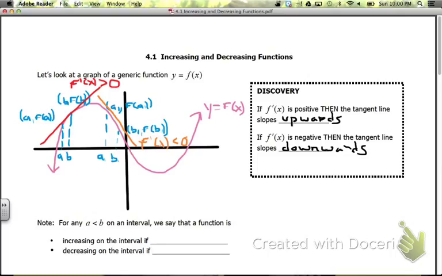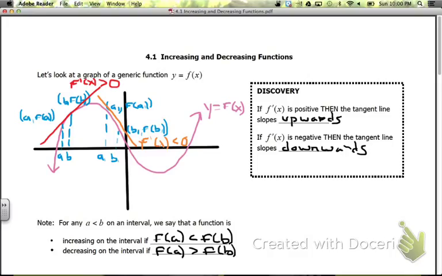Note here, for any a less than b on an interval, we say that the function is increasing on the interval if f of a is less than f of b. Similarly, if it is decreasing on the interval, then we say that f of a is greater than f of b.